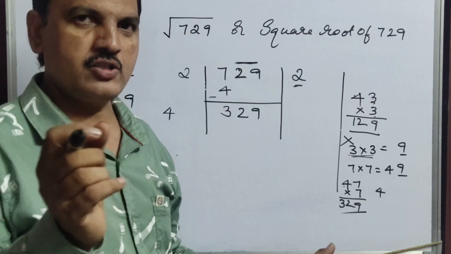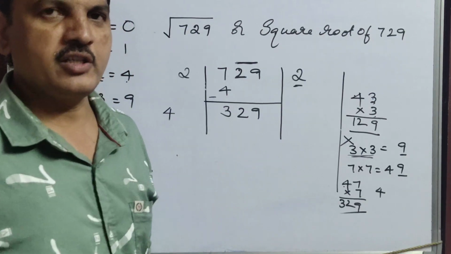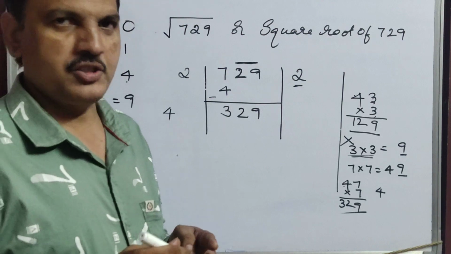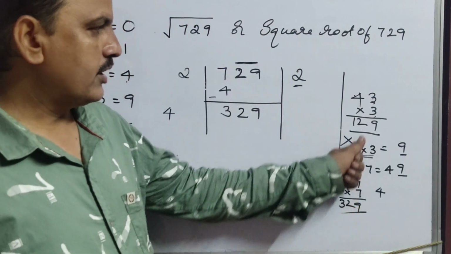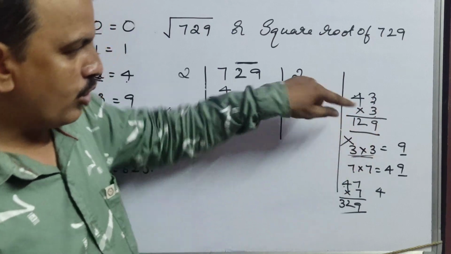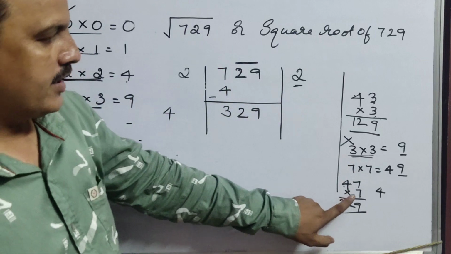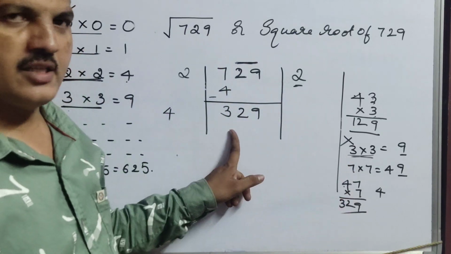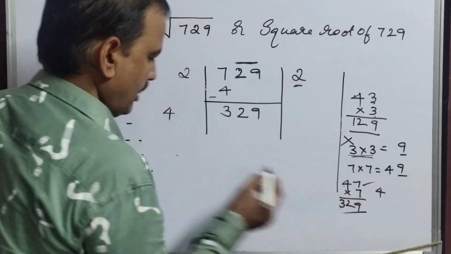Okay children, I am using a little bit of Telugu so that you understand perfectly. Both languages. So 7 7s are 49, 3 3s are 9. But here you got 129 while writing 3. While writing 7 you got the exact answer, 329. So next to 4, you have to put 7.